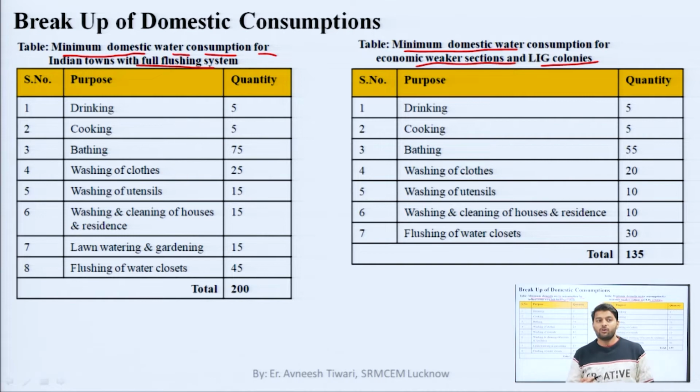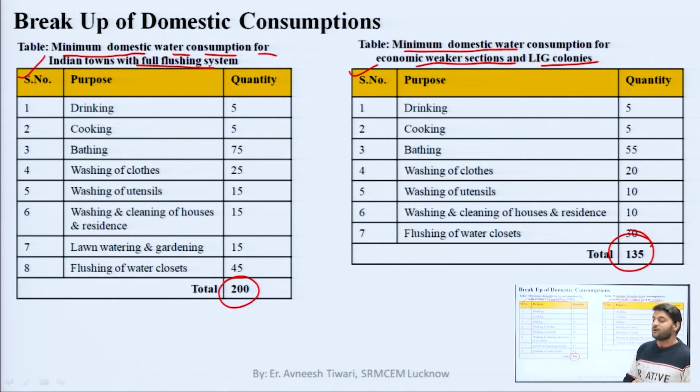It means in low income groups the distribution will be like that, else the distribution will be like this. So there is a variation in the amount, and the total variation is from 135 LPCD to 200 LPCD. So that is 200 liter per capita per day.